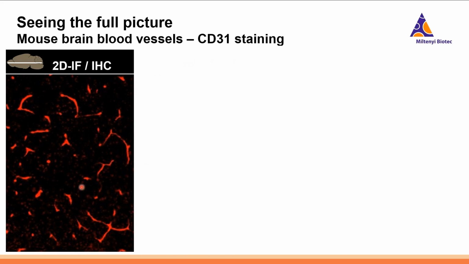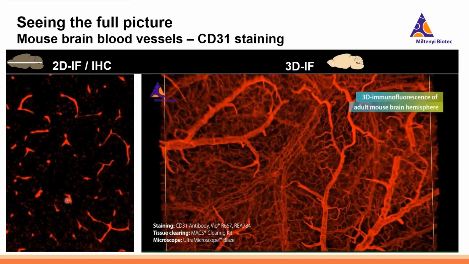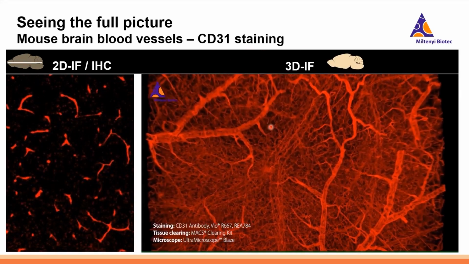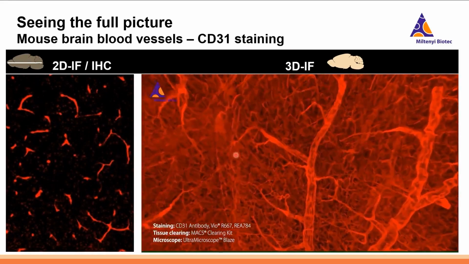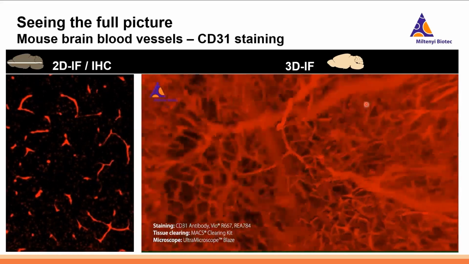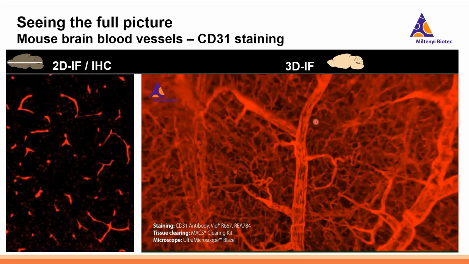As you see, this is just an image of one slice, and the 3D information that you can extract from this picture is very low. Now, comparing this to 3D imaging of the same sample using the same antibody, you can already see the difference between the two methods. There is a huge amount of data and information that we can extract from 3D imaging, and in 2D imaging we simply miss it.